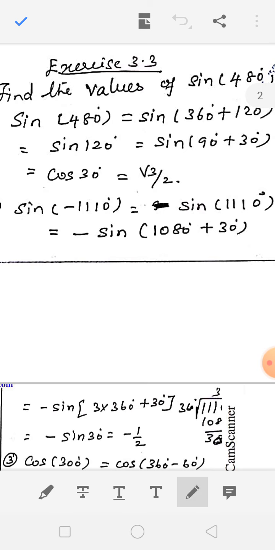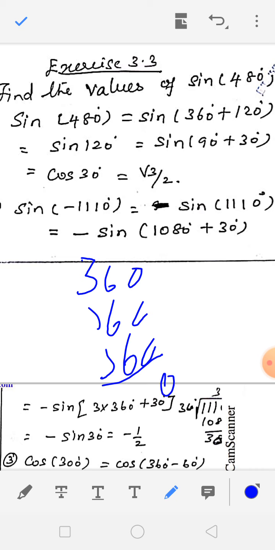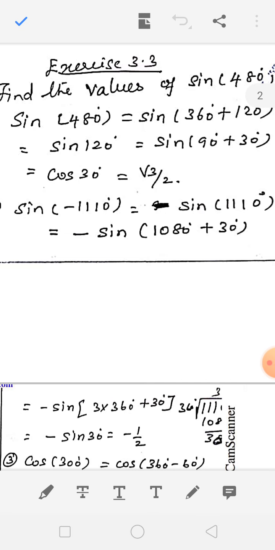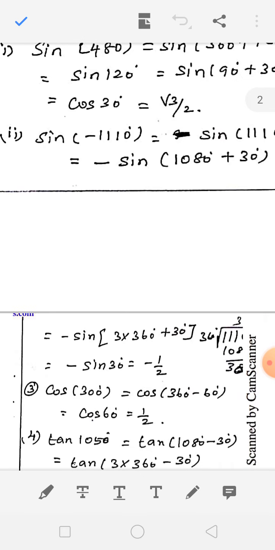What is 3 into 360 degree? 360, 360, 360, how much? 1080. So with 1080, I can put 30 degree, because I want only 30 degree, 60 degree. So we must have 360 degree three times. So 3 into 360 degree plus 30 degree. That's it.